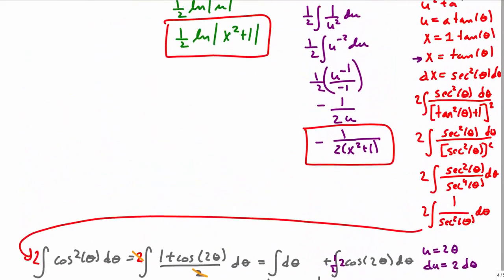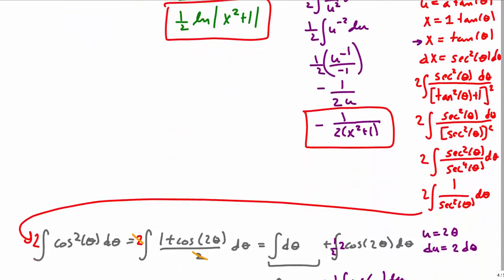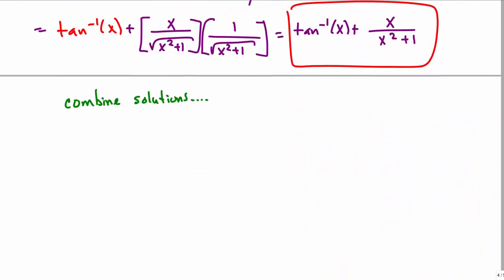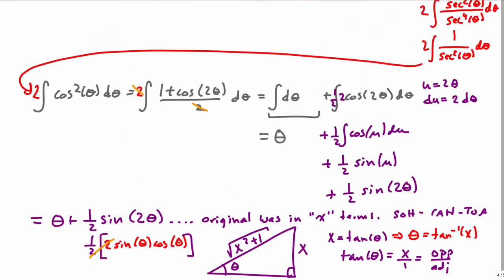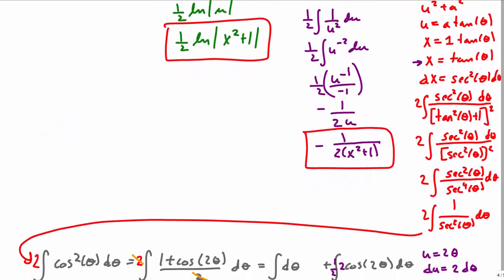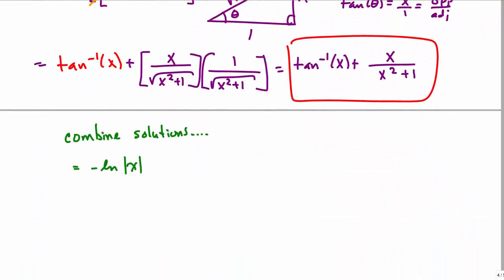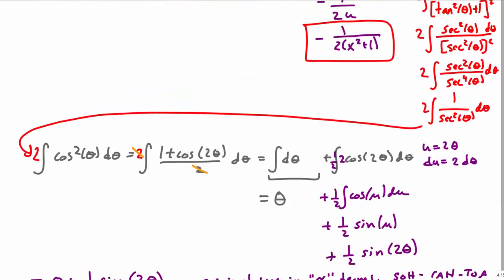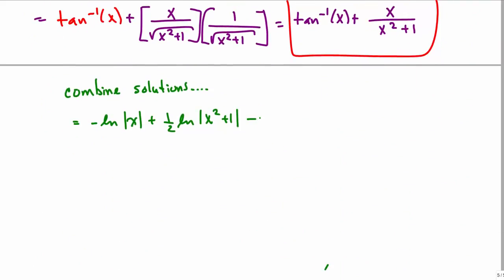I already forgot what it was. So minus ln of the absolute value of x. And then I also had plus a half ln of x squared plus 1. My third piece up here was minus 1 over 2 times x squared plus 1.